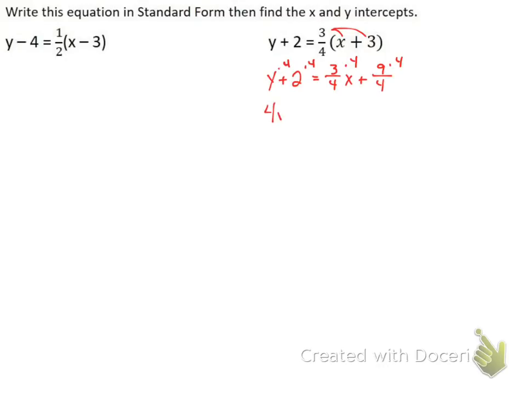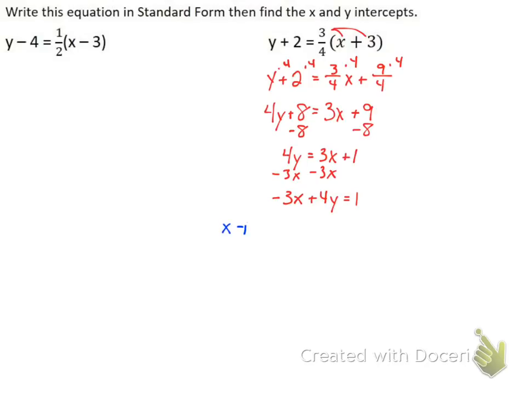So I get 4y plus 8 is equal to 3x plus 9. Subtract the 8 over to the other side, get 4y is equal to 3x plus 1. Subtract the 3x to get negative 3x plus 4y is equal to 1. That's my standard form equation.